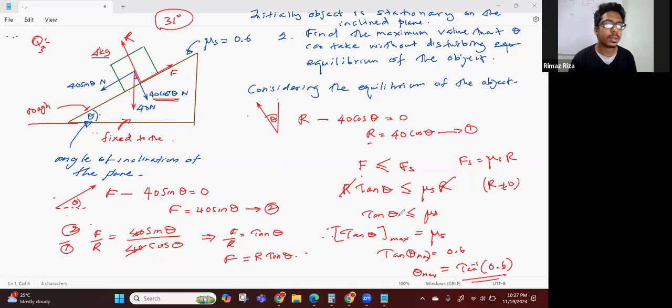For example, tan inverse of 1 over root 2 equals 45 degrees, because tan 45 is 1 over root 2. So likewise, you have to tell me the inverse value of 0.6.